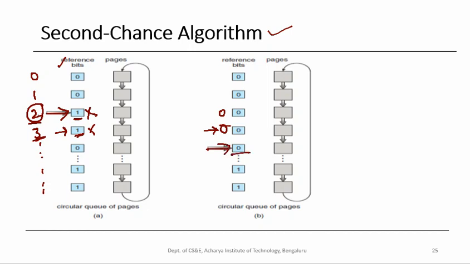Here we find that the reference bit value of the next page, could be 4, is 0, and we select this page as the victim page, or the frame where this page resides as the victim frame. Hope you understood.